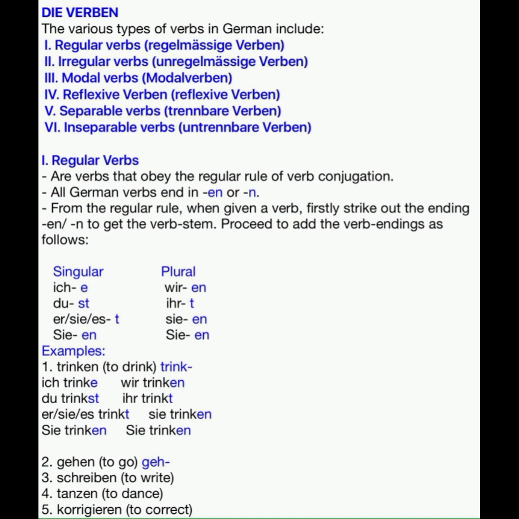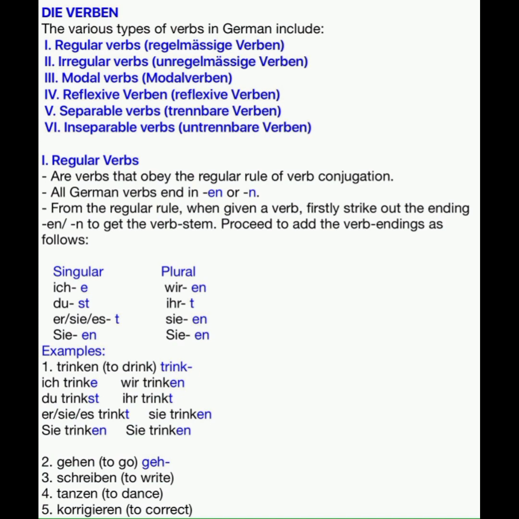So I have ich, which means I. In ich, the ending is normally e. Then I have du, the ending is st. And then you have er, sie, es, which means he, she, it. In er, sie, es, the ending is t.